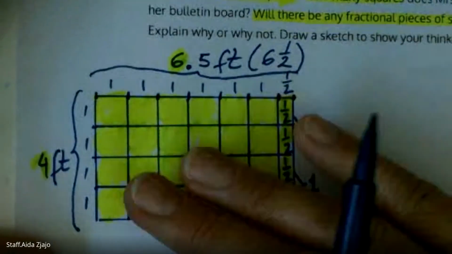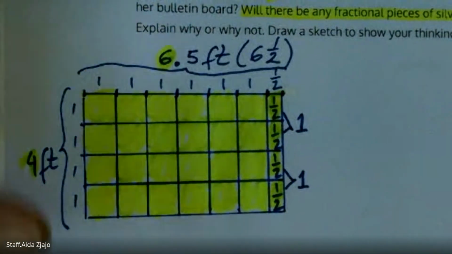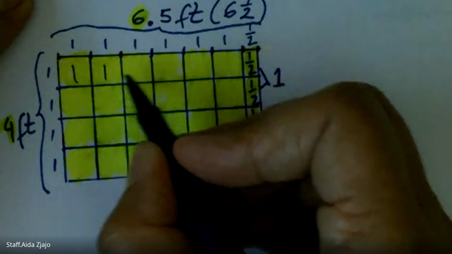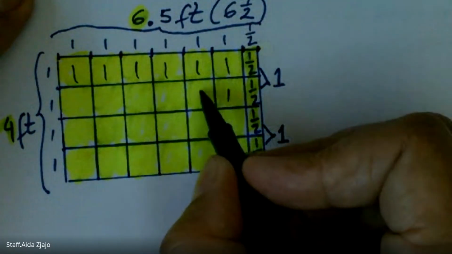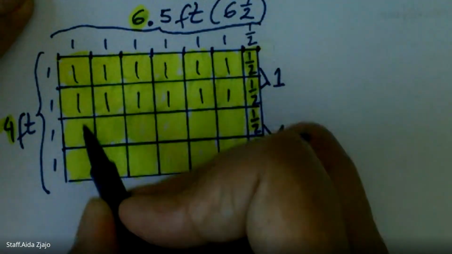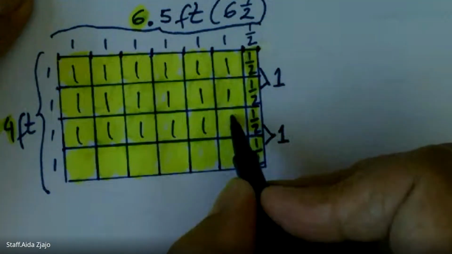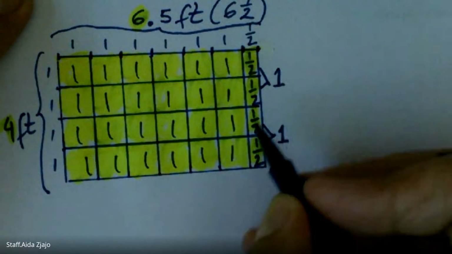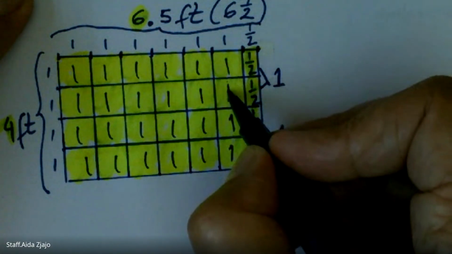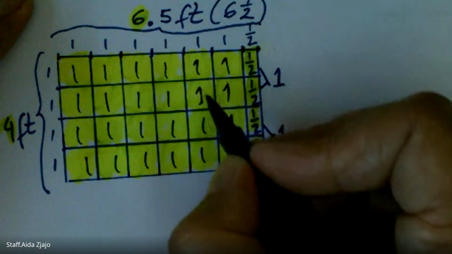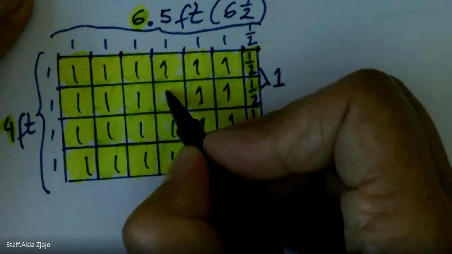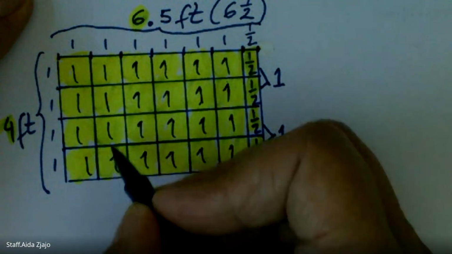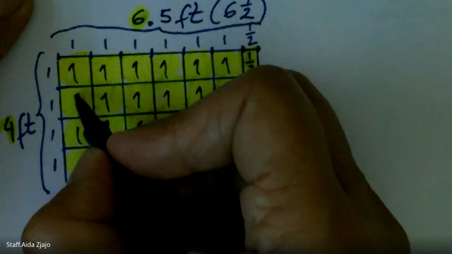When we calculate this in the picture, you can also label this as 1, 2, 3, 4, 5, 6, 7, 8, 9, 10, 11, 12, 13, 14, 15, 16, 17, 18, 19, 20, 21, 22, 23, 24, 25, 26. So that's how you're going to prove it on the picture. That is 26 square feet.